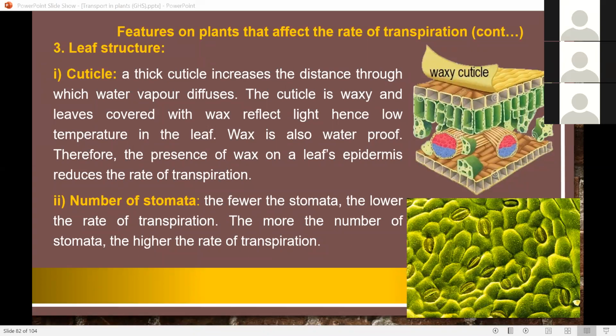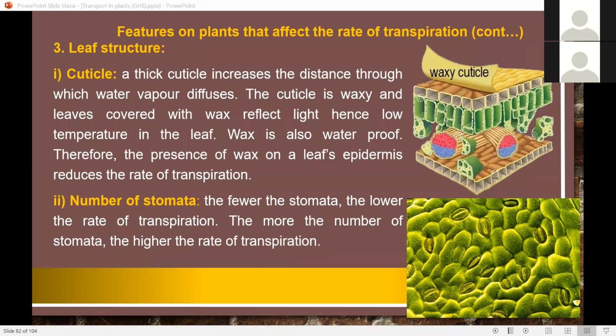Teacher, I think if a plant has more stomata on the lower surface than on the upper surface, the rate of transpiration will be low because the sun hits the top surface.